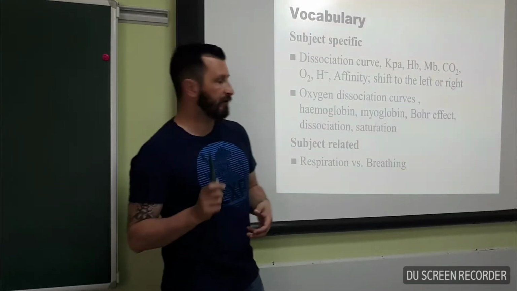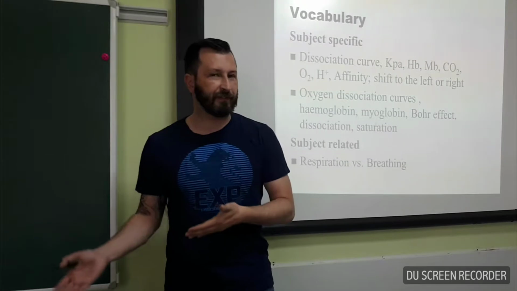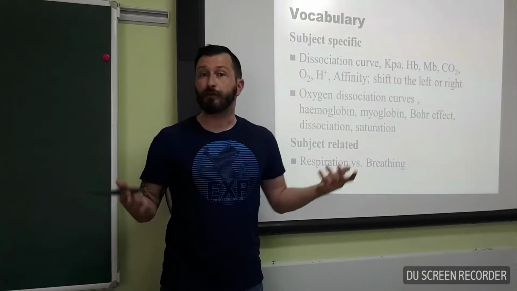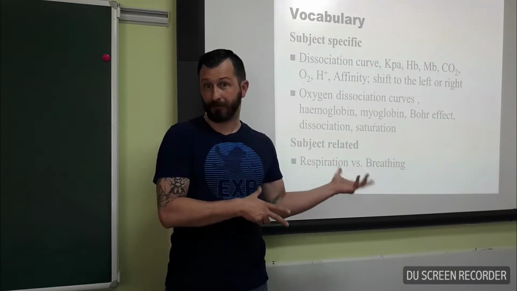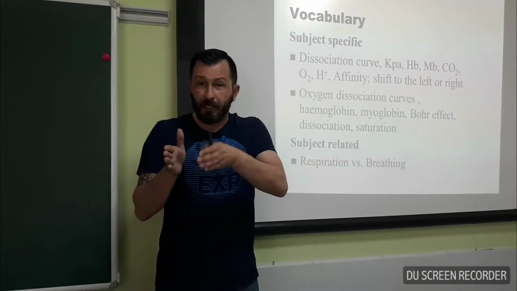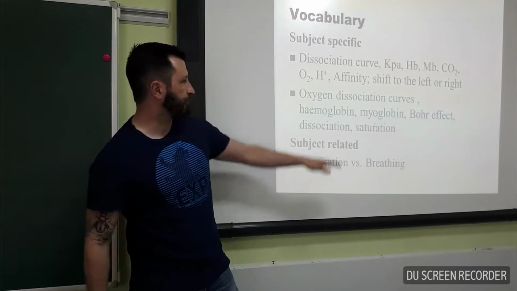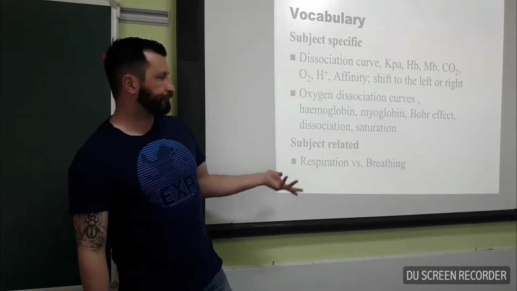Also, in some books, instead of shifting to the left or shifting to the right, you can find a synonym for this word, because I've seen that some of my colleagues have had problems in the past with this word, such as moving to the left or moving to the right, or correction to the left or to the right of the curve.